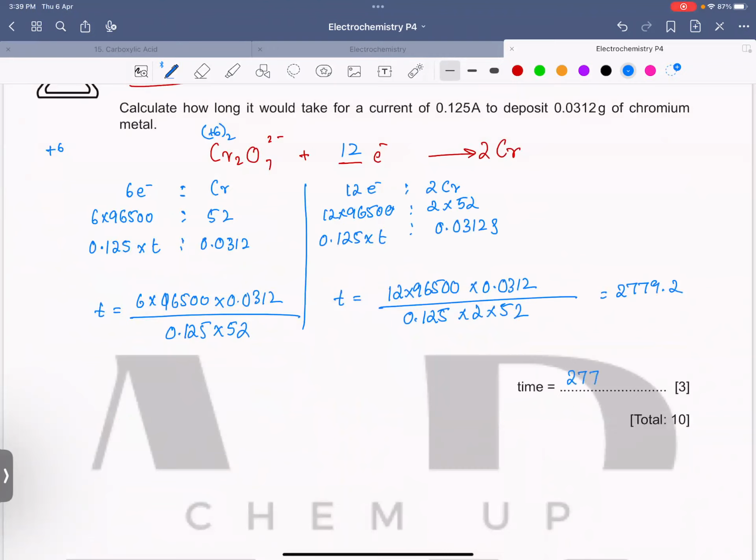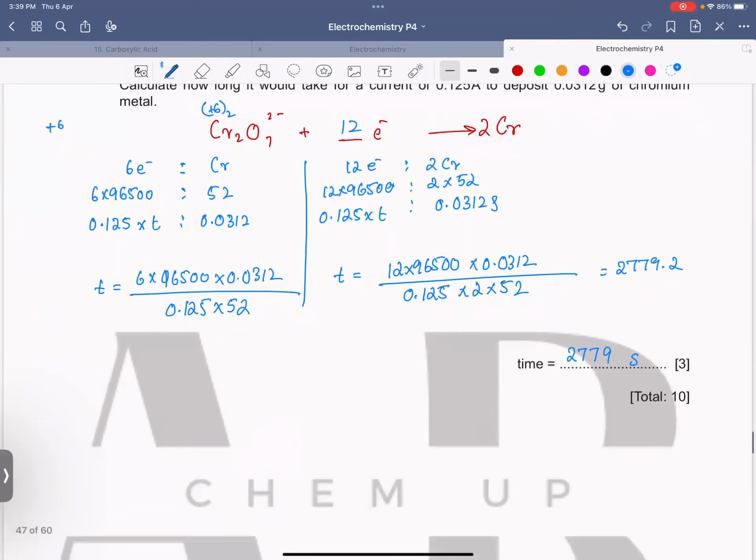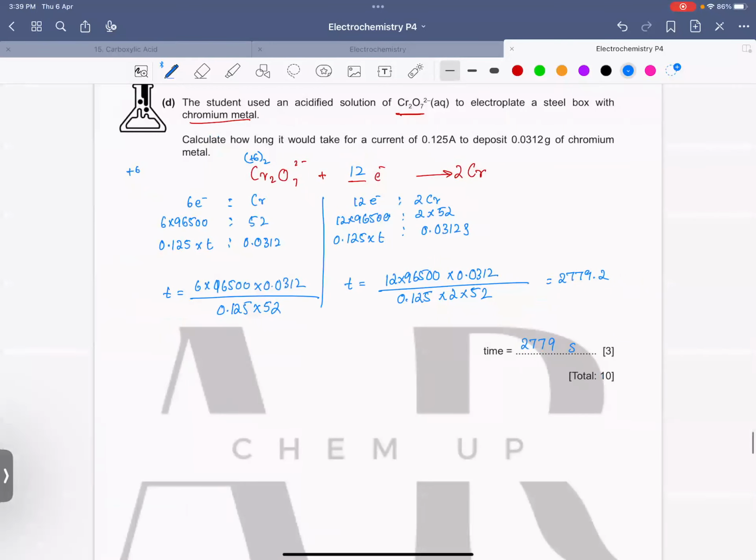So 2779 seconds, because these are seconds. Yes, is this clear to everyone? So 2779 to 3 significant figures. If you convert it, how many minutes will you get? It's in seconds.